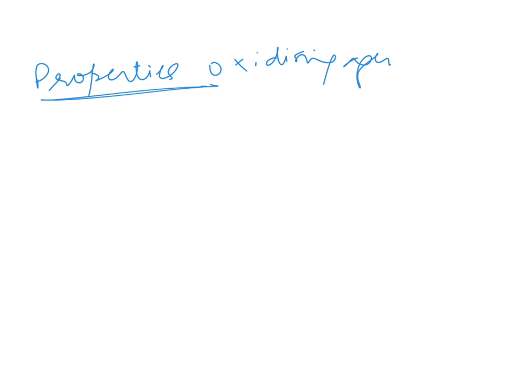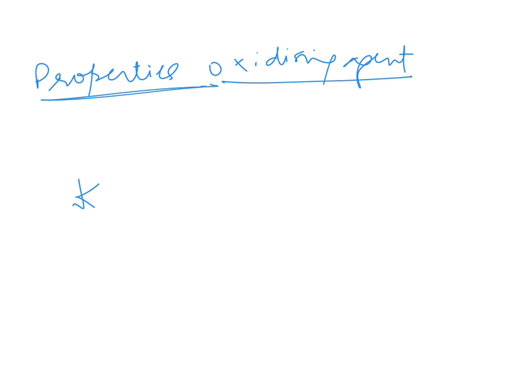Next, let us come to the properties, which is very important. Properties or the reactions of KMnO4. You know it is a good oxidizing agent. So let us see some of the reactions in which it acts as an oxidizing agent.